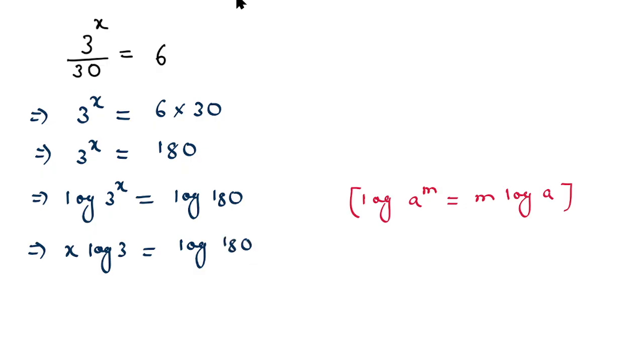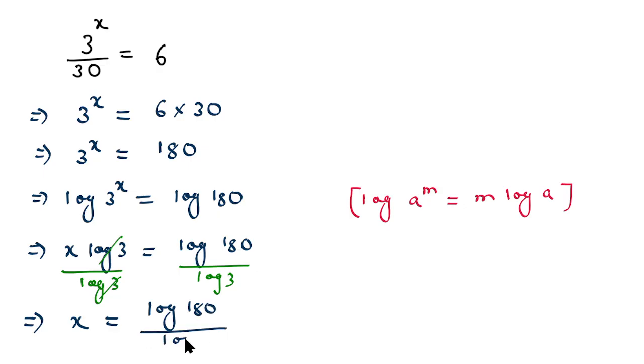Now further we will divide by log 3 on both sides. So this log 3 cancels. So we can say that x is equal to log 180 upon log 3. Okay, and log 180 we can write as log 18 into 10 upon log 3.